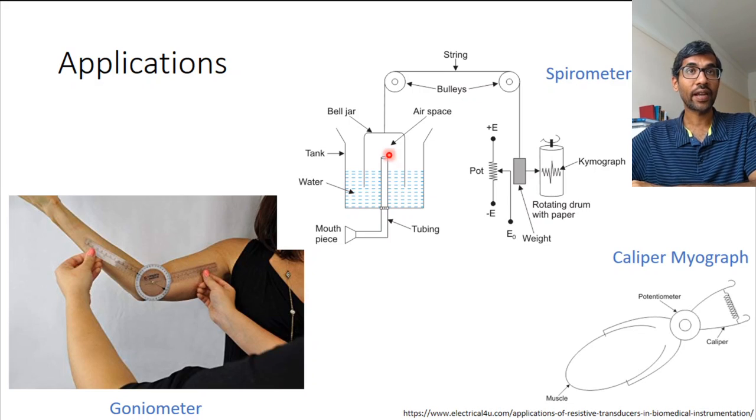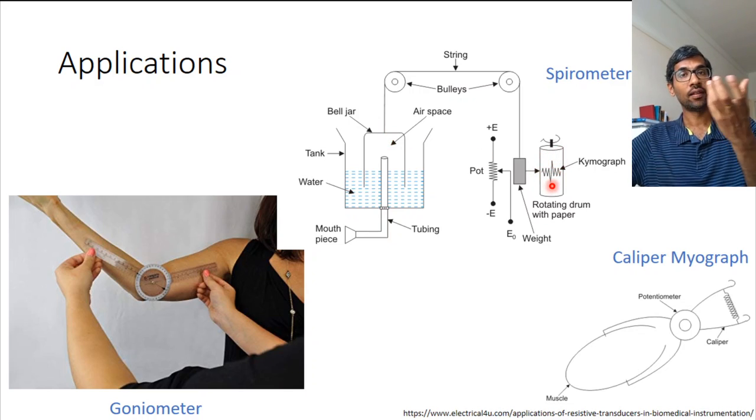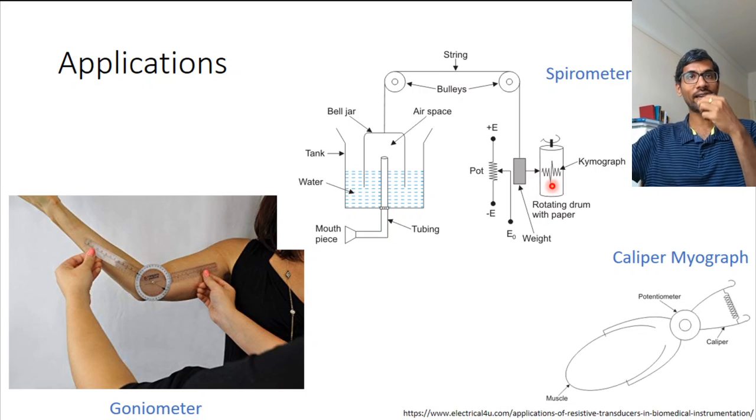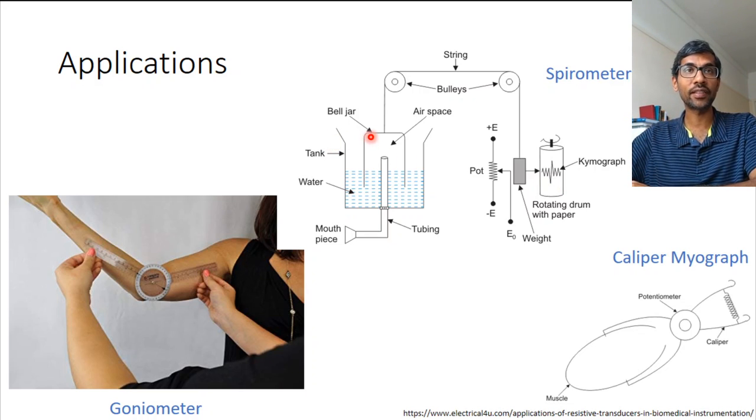Okay, and as it moves up and down, what happens? This is connected with a pulley to this weight here. And one way to record the movement of this bell jar would be to have a rotating drum made of paper, and just let it make the squiggly lines which correspond to the displacement of this jar.